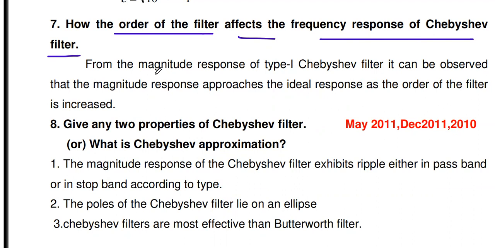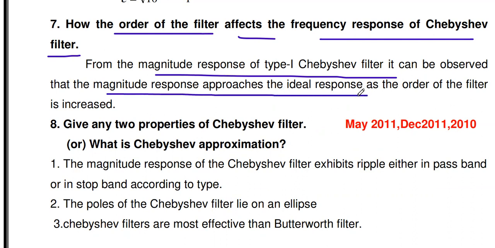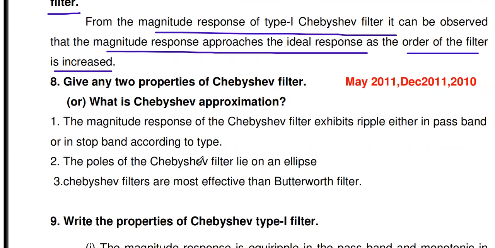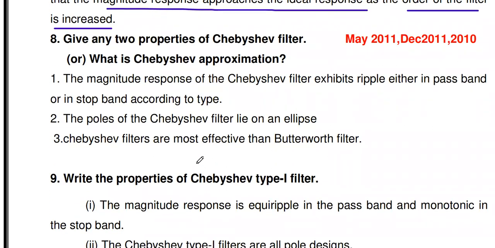For the magnitude response of the type 1 Chebyshev filter, it can be observed that the magnitude response approaches the ideal response as the order of the filter is increased. Same, similar to Butterworth. So if you want to get the exact ideal response of that particular filter, we may use a very high order value. Okay, that is the thing.